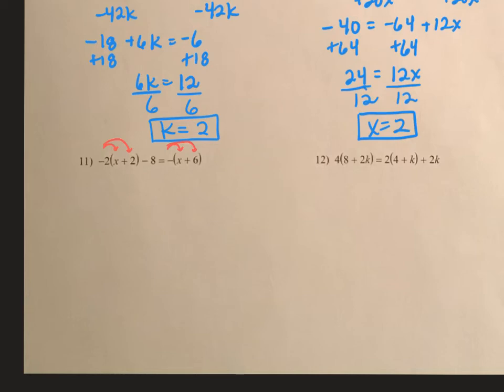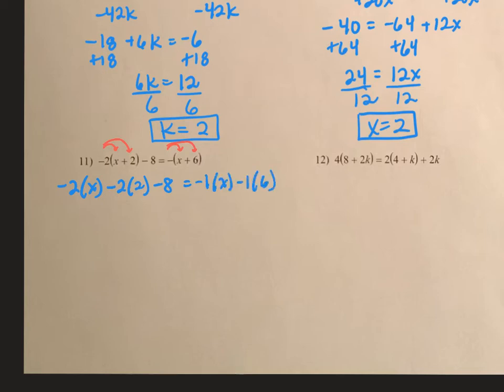Okay, so let's take a look at that. Distributing, I have a negative 2 times x and a negative 2 times 2, and then minus 8. On the right side, remember, that's a negative 1 times x and a negative 1 times 6.